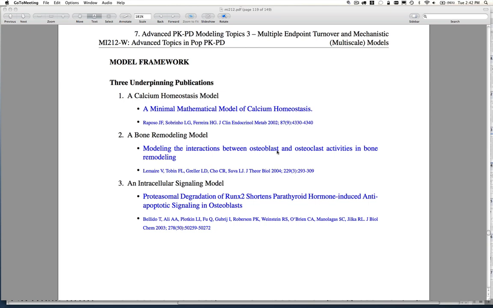There was another model that was available that described the bone side of things, so how activities in the osteoblast, the blast, you can think of the B for building bone, and the clasts, the C here you can think of as chewing up bone.